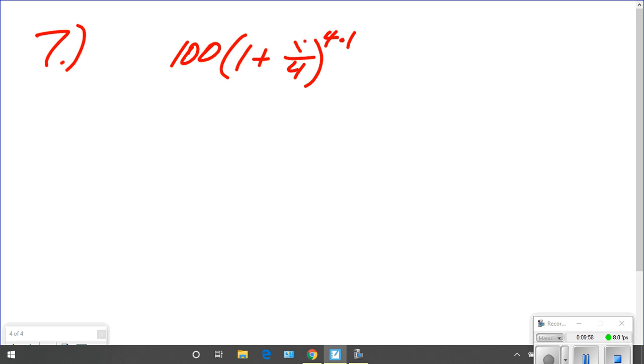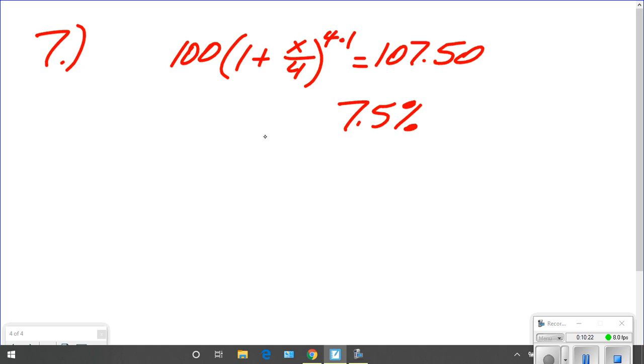But the answer was 107.50, right? And so the book said that the interest rate was 7.5%. Okay, and I'll take that. But when I just calculated it, I got 7.3%.